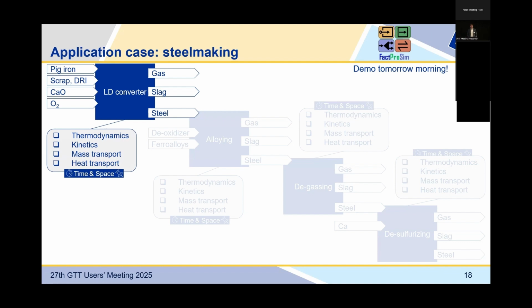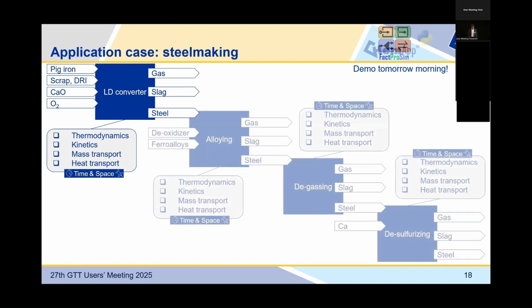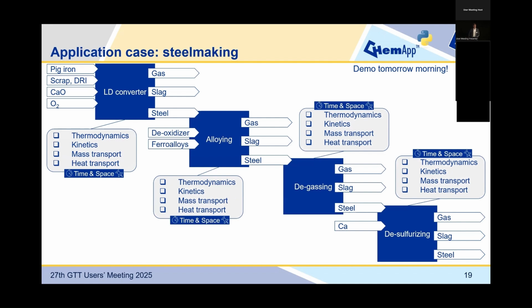And finally, if you're real brave and you also want to implement mass transport models, heat transport models yourself, coding wise in Python, then ChemApp for Python is a perfect tool to do this, and it gives you the largest flexibility in the end to also connect all of these different steps into one single program that you then write yourself and manage yourself.